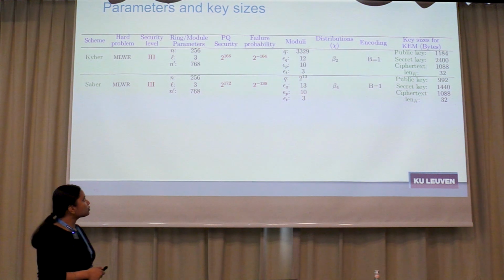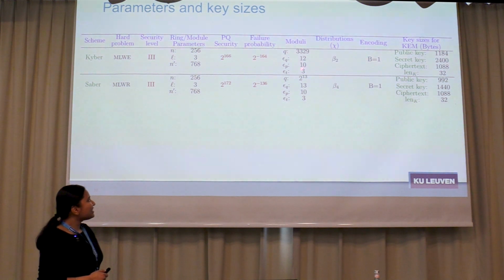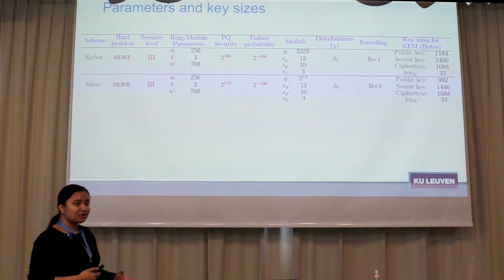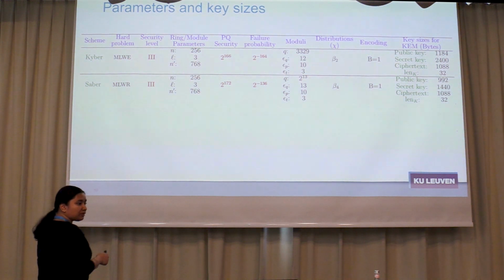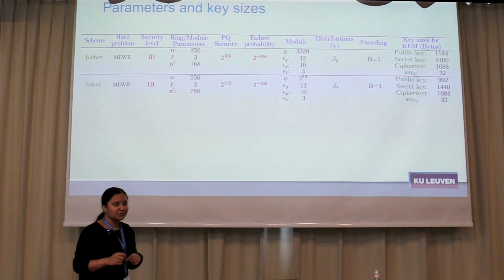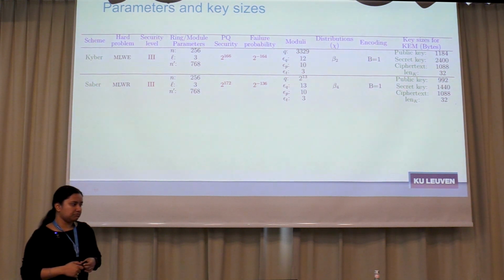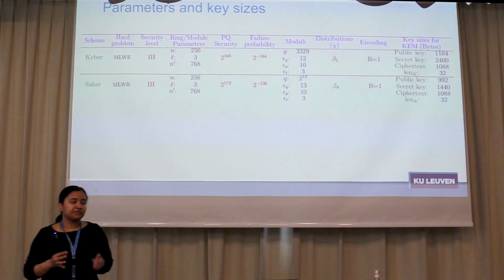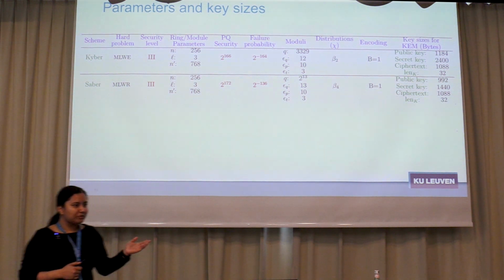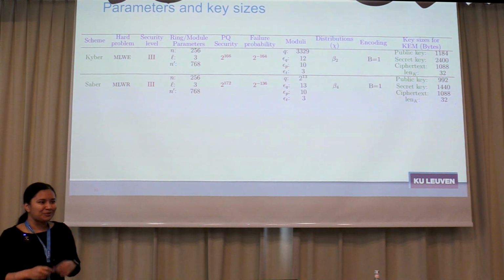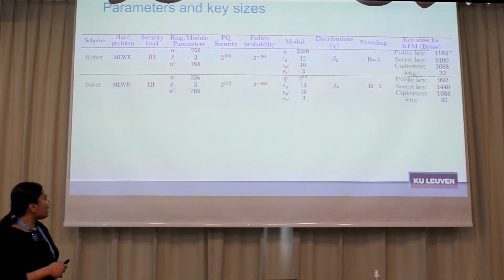And also they have introduced an extra compress modulus. It is kind of like they are also using a learning with rounding kind of thing, just cutting off some extra bits. They actually reduce the ciphertext size, basically. So in a way, they are using both problems, learning with error and rounding.